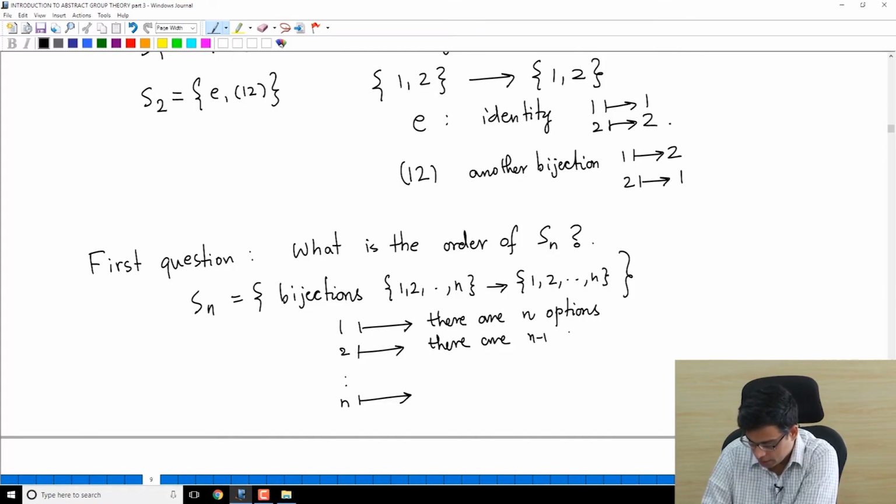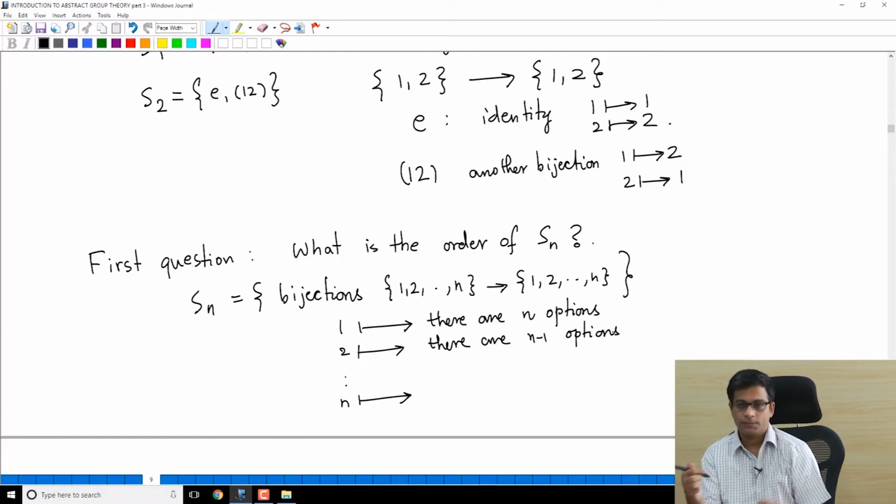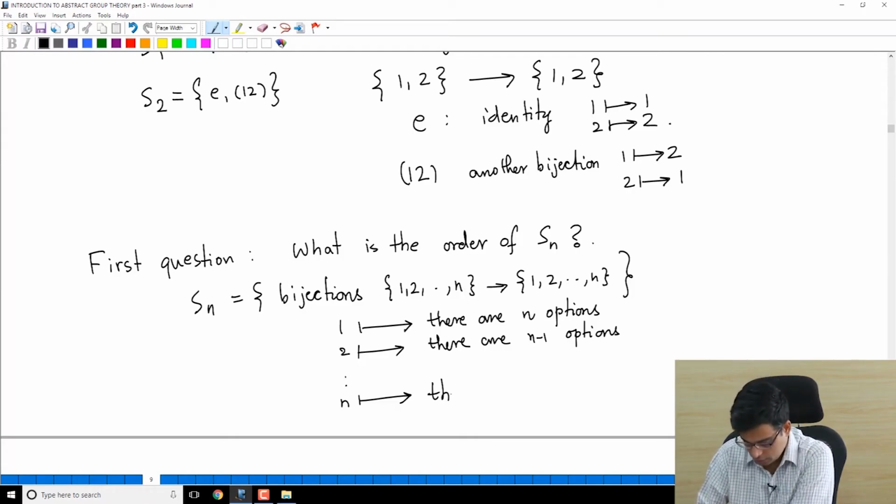That means there are n minus 1 options for where 2 can go. 3 now can go to any of the letters which are different from the images of 1 and 2. So 3 has n minus 2 options, 4 has n minus 3 options, and finally, after you do all this, there is only one option for the last element.